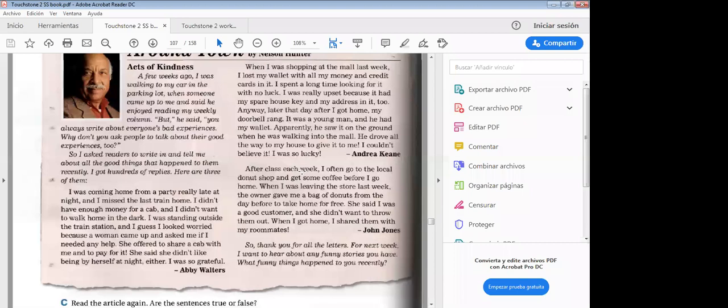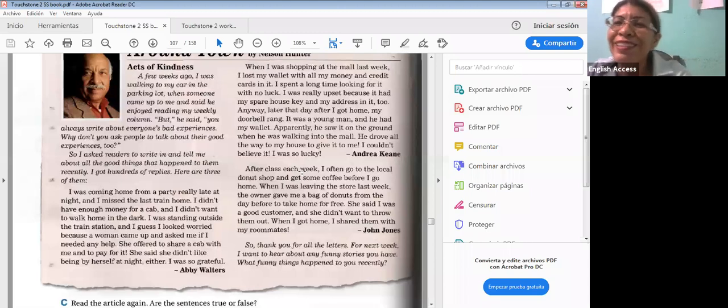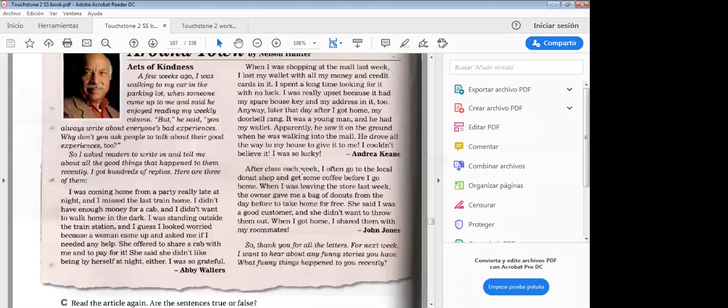She lost her wallet. Okay, but that is something bad. So what's a good thing that happened to her after she lost her wallet? When she got home, her doorbell rang.